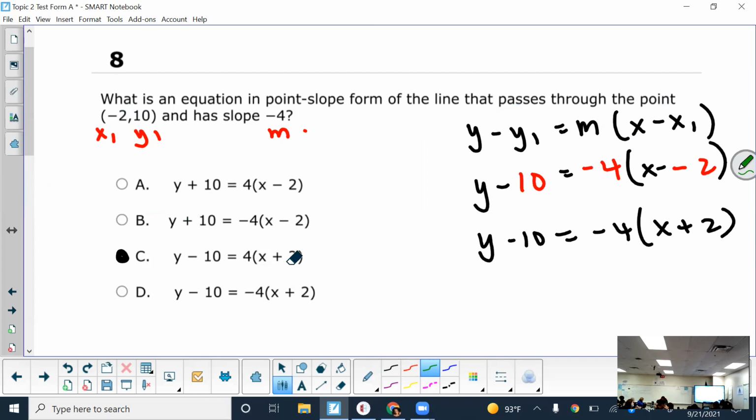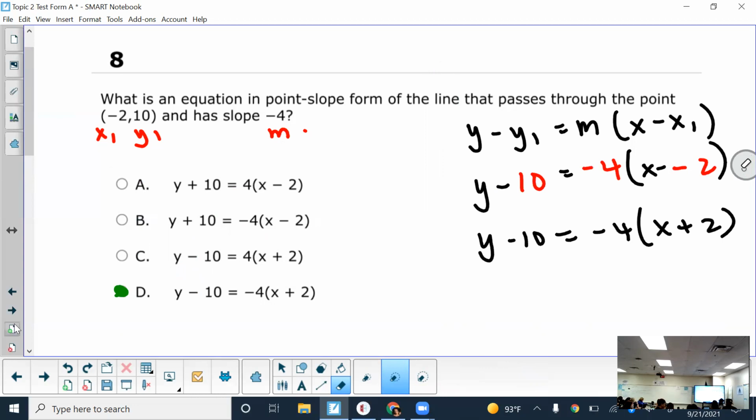So it's a -2 here, in the formula it's a +2. It's a +10 here, in the formula it's a -10. All right. Oh, and actually it's not C, it's D, my God, because the slope is a -4. Sorry. So yeah, should have been D. Questions there?